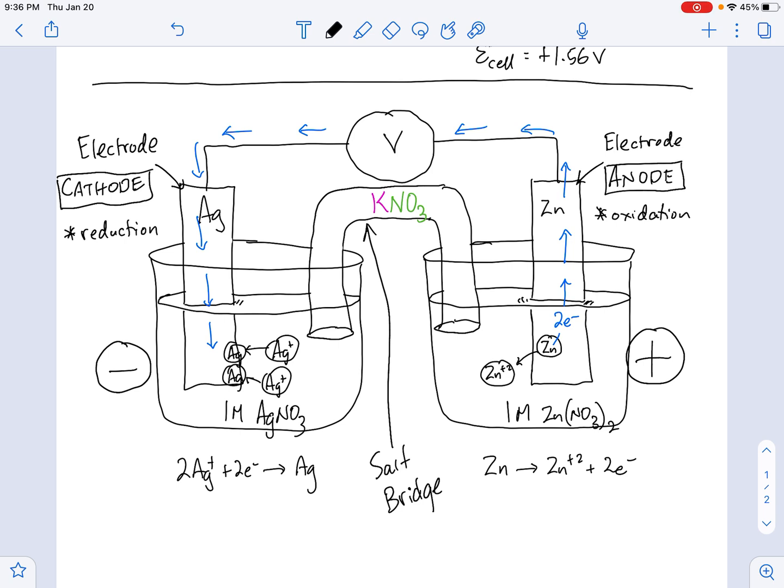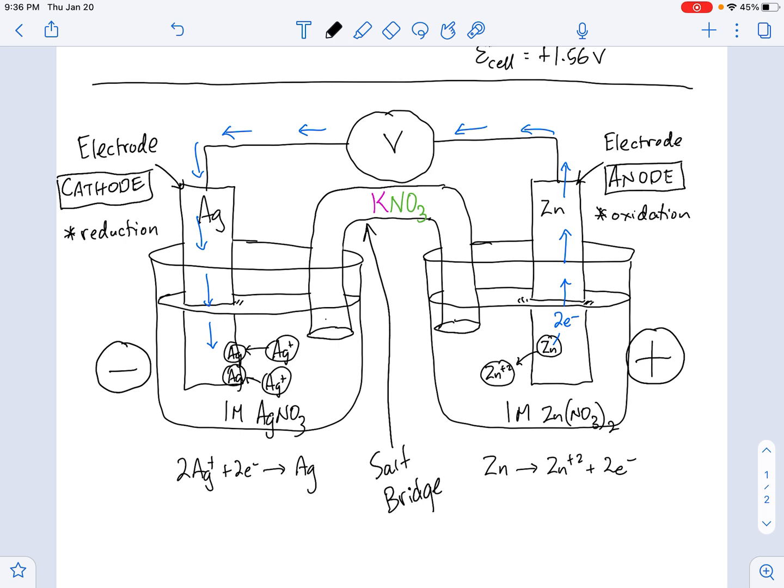And it's got a solution, essentially an ionic compound in it that is soluble and isn't going to mess up the works in terms of ions that are going to be reactive. It's usually a spectator type of ionic compound.